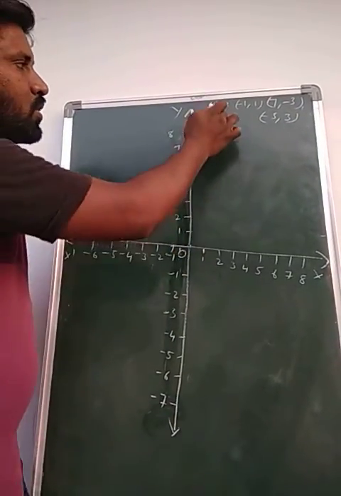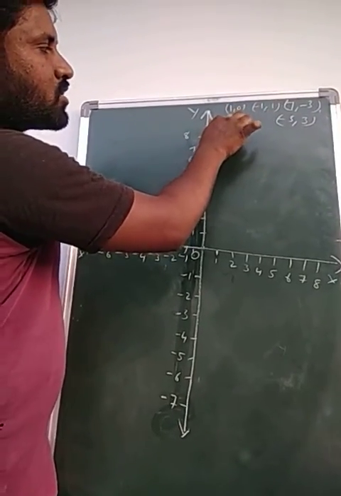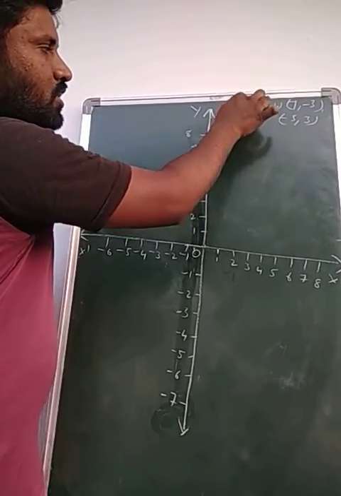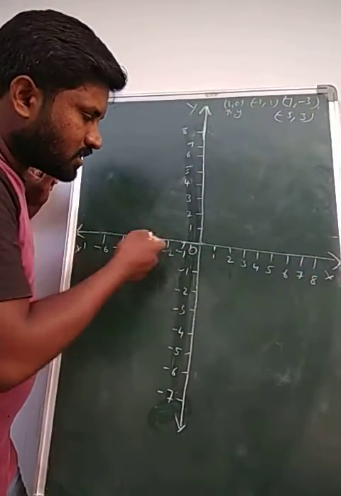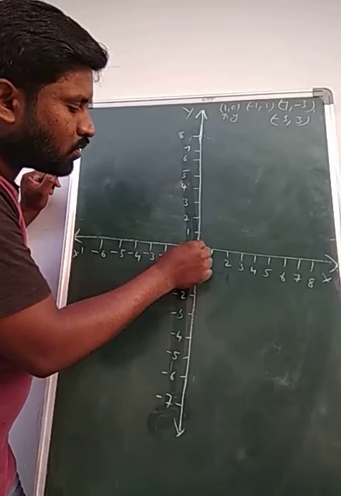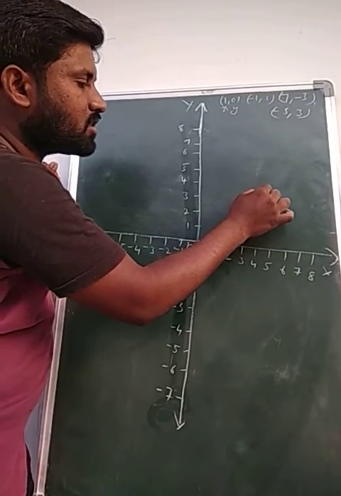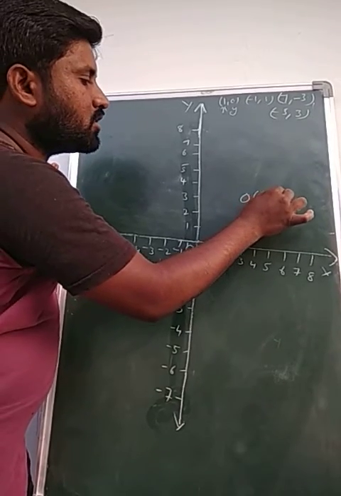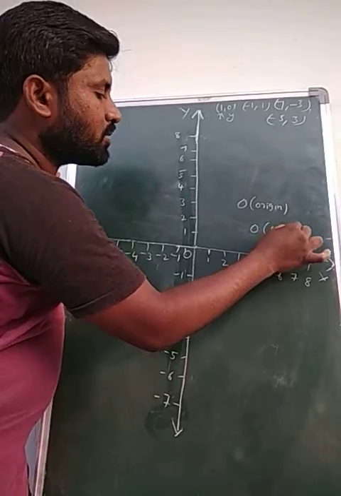So what is the first point, Nana? Here (1, 0): 1 is the x coordinate and 0 is the y coordinate. The common intersecting point of the x-axis and y-axis is O, that is the origin. The point is (0, 0).